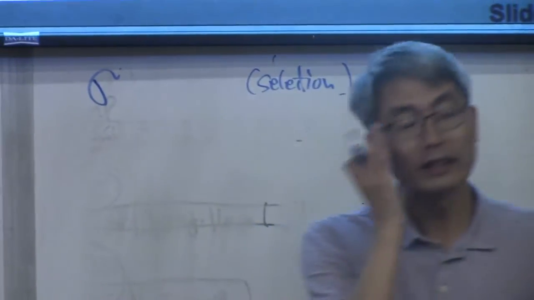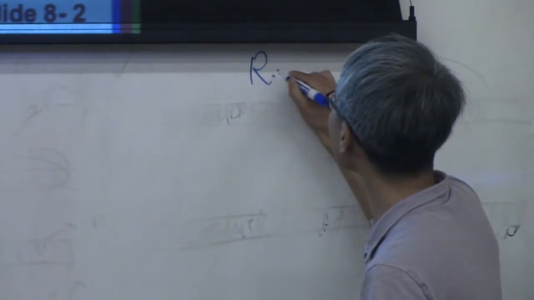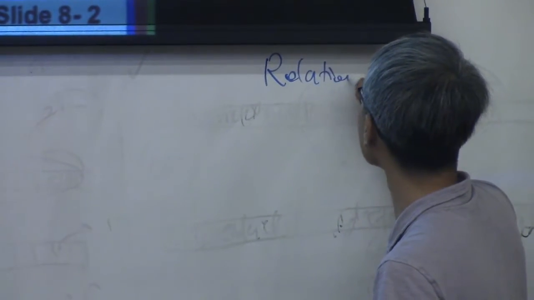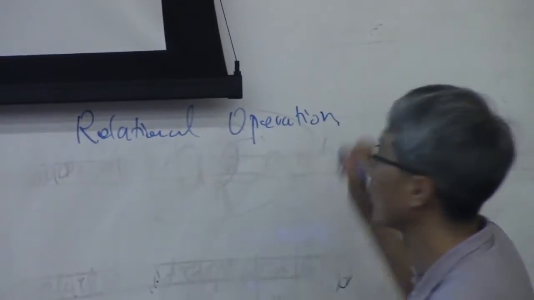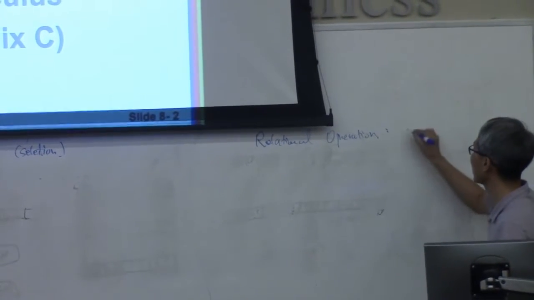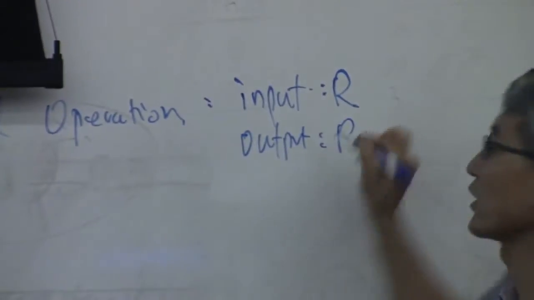But first, any relational operation: one of the main characteristics of a relational operation is that input is a relation and output is also a relation.